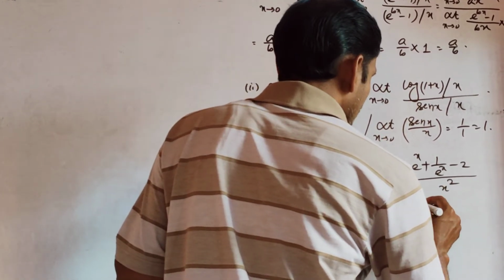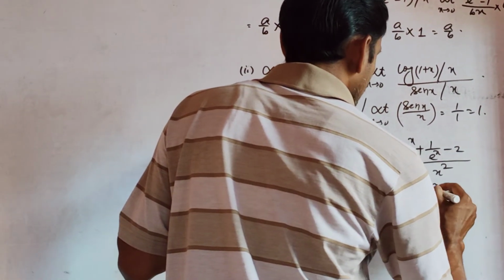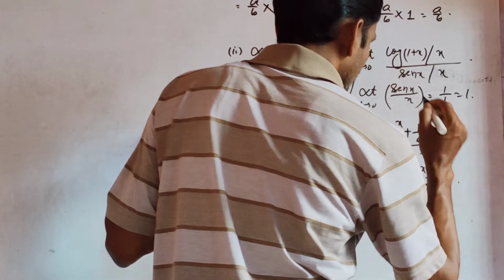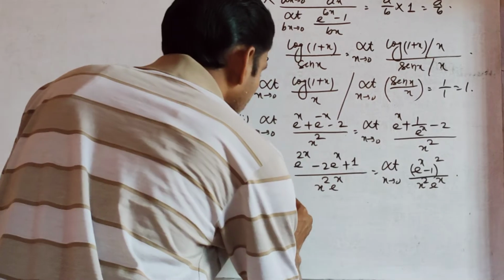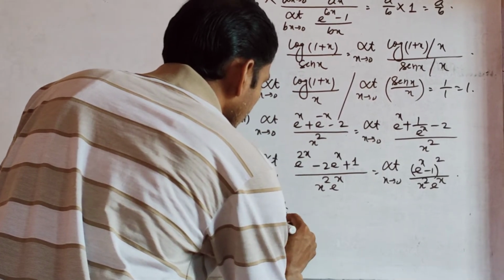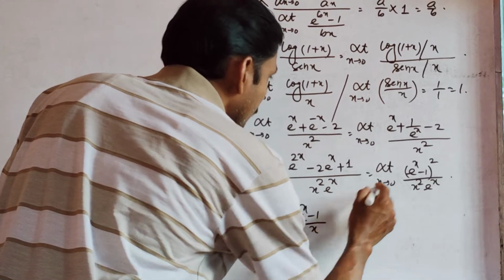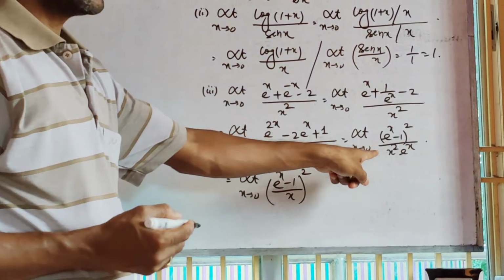So you can write it as limit x tends to 0, (e to the power x minus 1) whole square by x square into e to the power x. Now you can write it as limit x tends to 0, (e to the power x minus 1 by x) whole square, since your square is there and your x square.